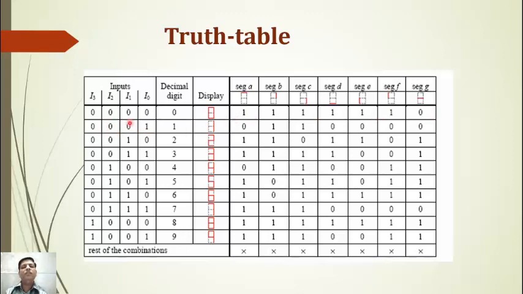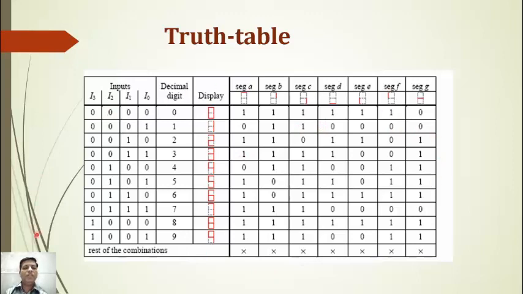In this way we have to write down the values for decimal 1, 2, 3, 4, 5, 6, 7, 8 and 9. For 8 all the segments are on, so all segments are 1. If we display 1, only segment B and C are on, and the remaining are all off.